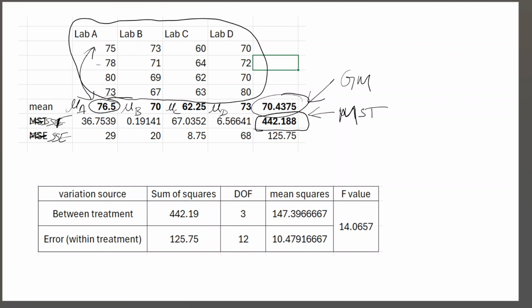So xi is 78 minus 76.5 the whole square, like that I did, then summed up. Finally we have to sum all of these, and here also we have to do the sum to get this value. This is MSE.